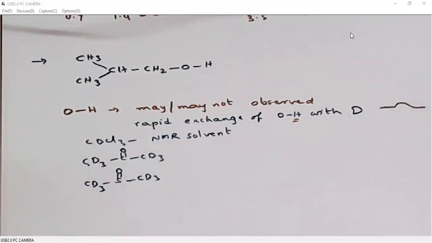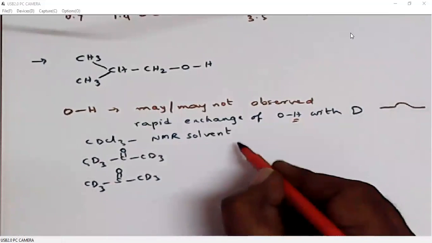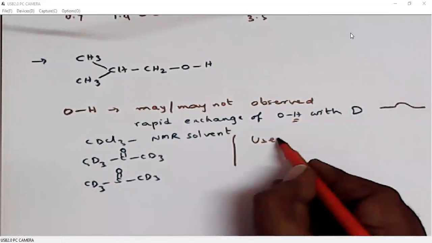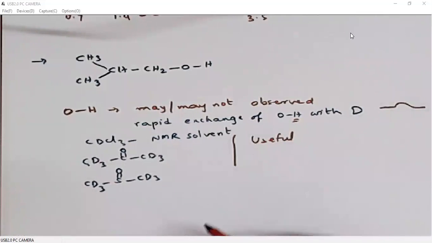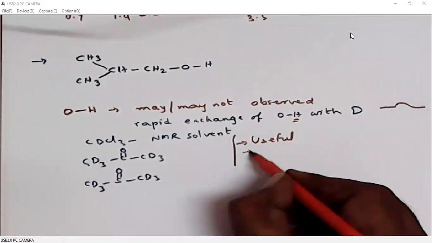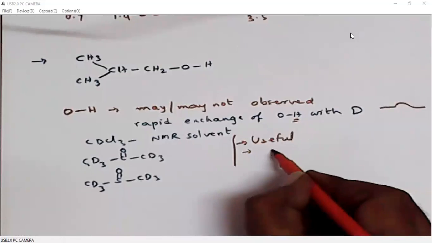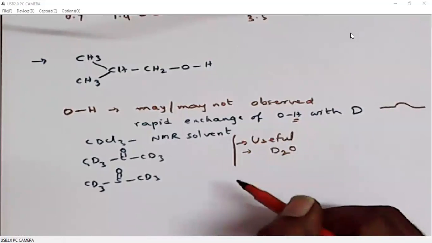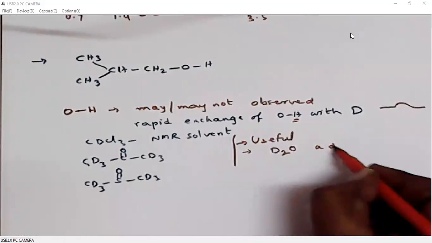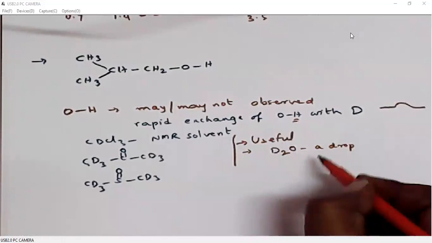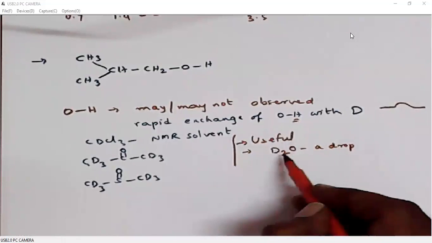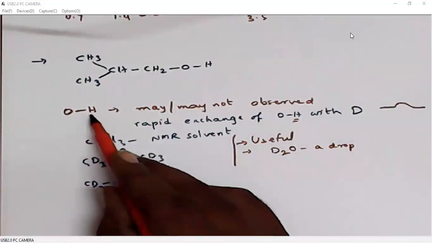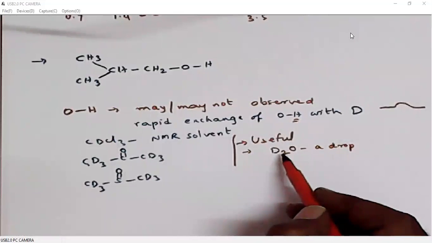At the same time, this OH peak is also useful in identifying the structure of the compound. It is used for exchange experiments. A drop of deuterated water will be added to the compound so that this OH proton will be exchanged with deuterium.